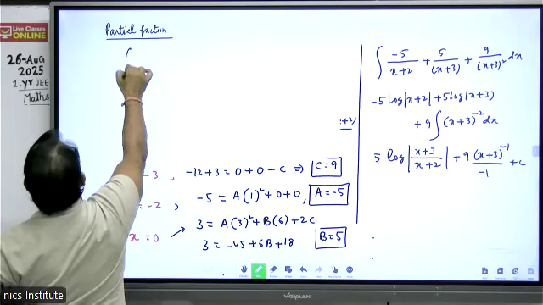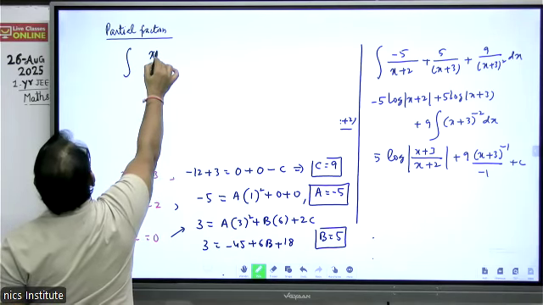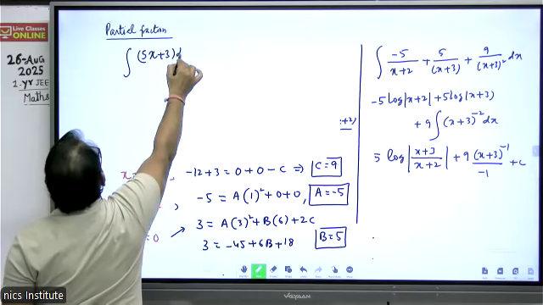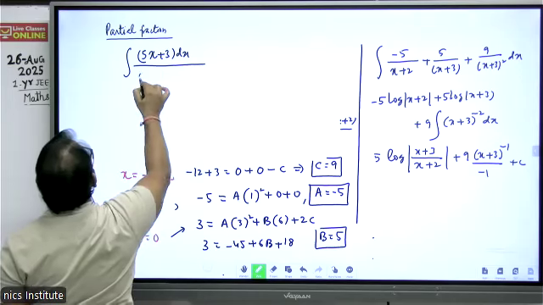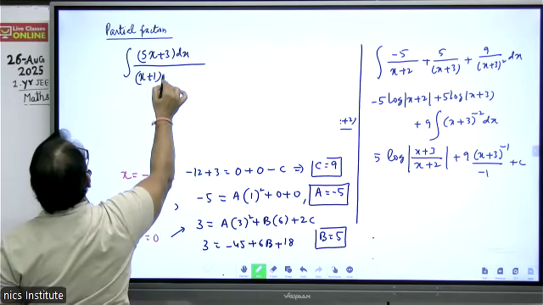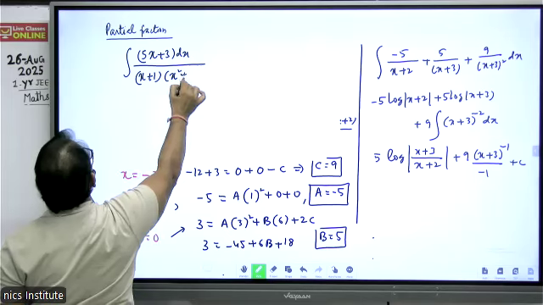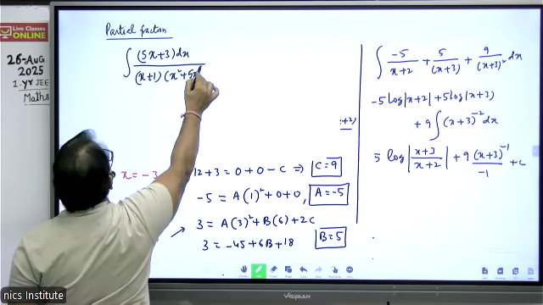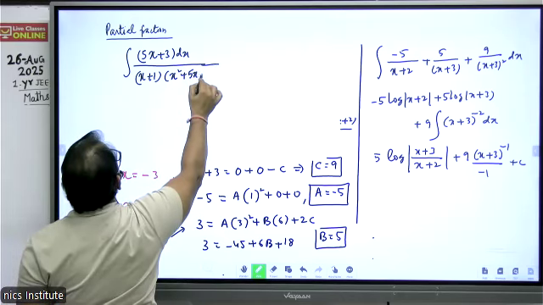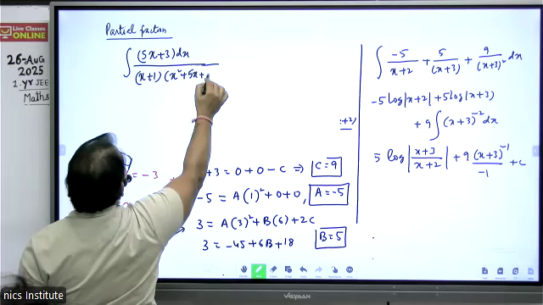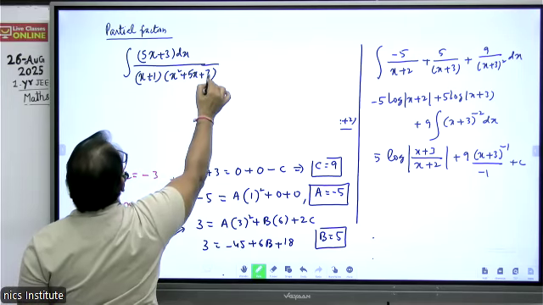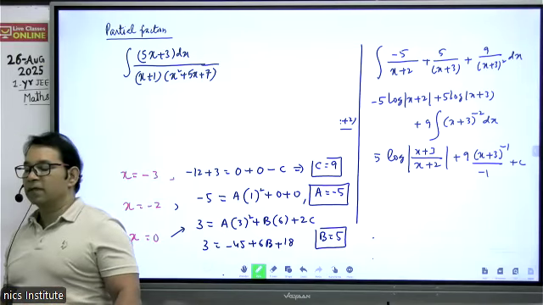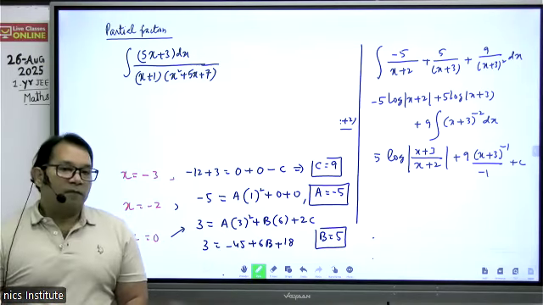You have one linear factor in the denominator and another quadratic factor which is not factorizable, like x square plus 5x plus 7, it's not factorizable.